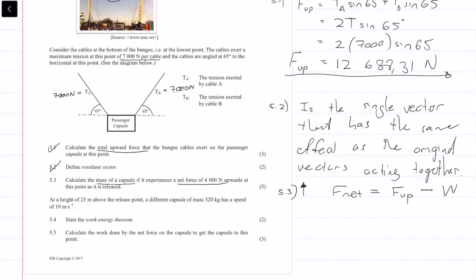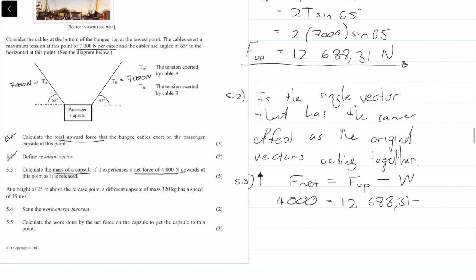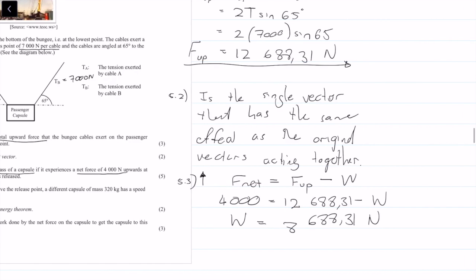The net force is upwards, which we've defined as the positive direction, so plus 4,000 is equal to the upwards force, which is positive 12,688.31, minus the weight. So the weight can be calculated as 8,688.31 newtons, and that would be in the downwards direction. We know that weight is mass times gravity, which is equal to 8,688.31.